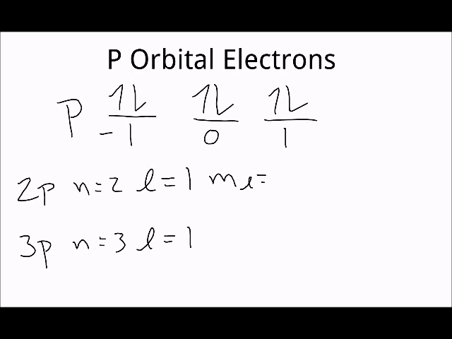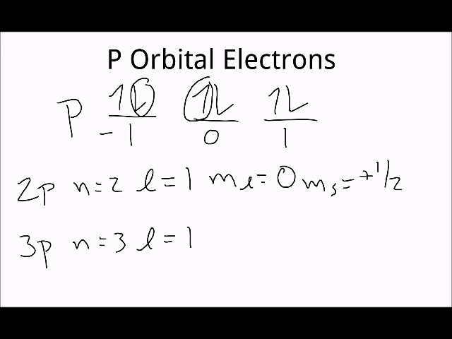I could be in any of those. Let's say that I'm interested in this electron right here. I would say that I'm in M sub L of 0, and then I would say I have an M sub S equal to, this is a positive spin when it's up like this, so +1/2. Let's pick out another one. Let's say I'm interested in this electron right here, and we'll say it's in the 3rd level.